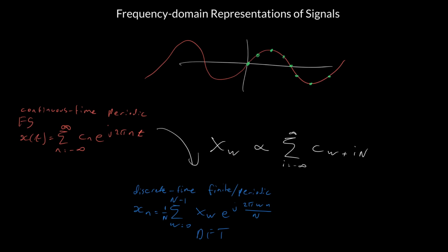So, if we sample x of t to get x of n, then in the frequency domain we have preserved all frequencies that lie between 0 and 2 pi, and all the other frequencies have been aliased down into a corresponding frequency between 0 and 2 pi.